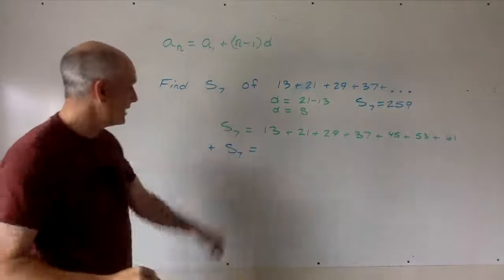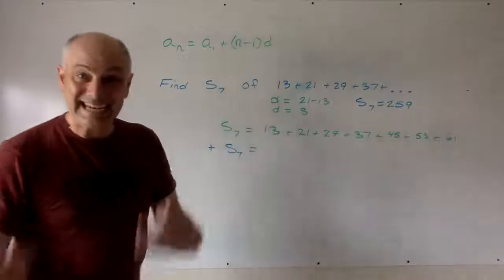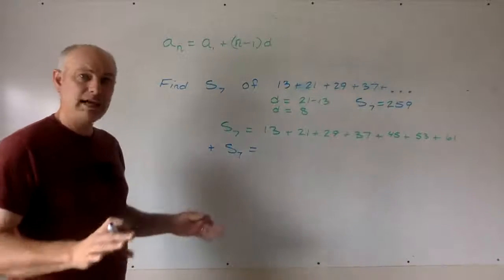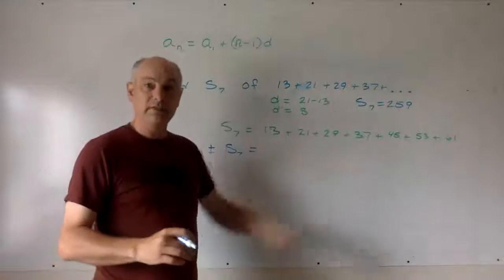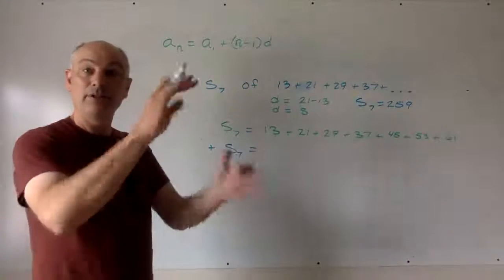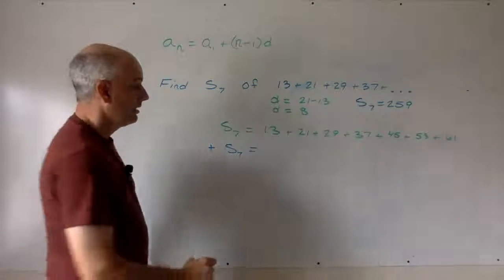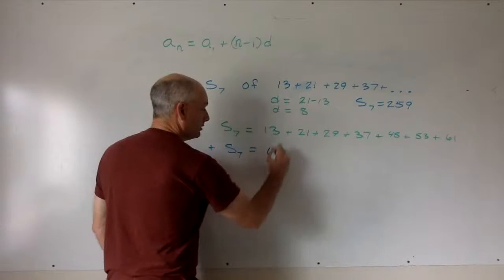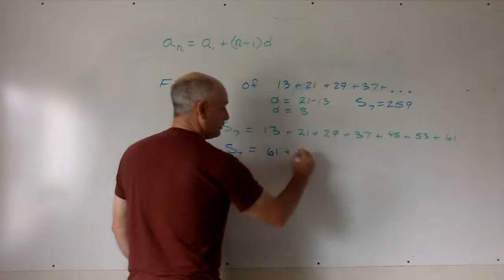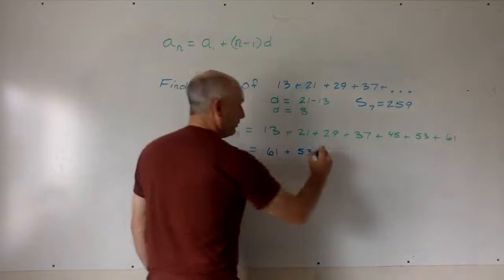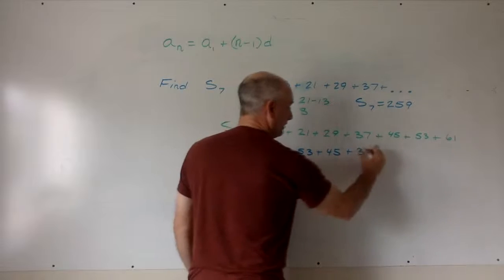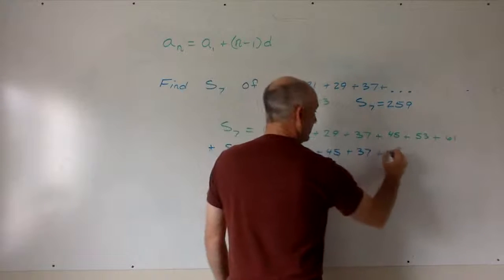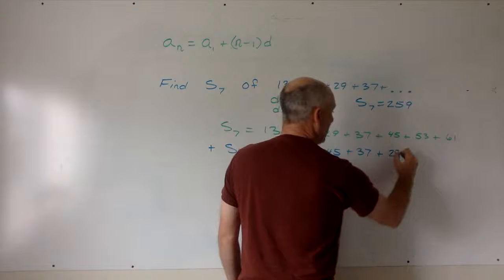So I'm going to use S sub 7 a second time, except instead of writing 13, 21, 29, 37 in that order, I'm going to flip it all the way around. I'm going to write the 61 here, and the 53 here, and the 45 here. Basically, I'm flipping the entire series backwards.